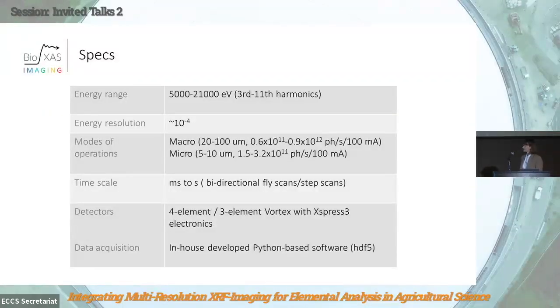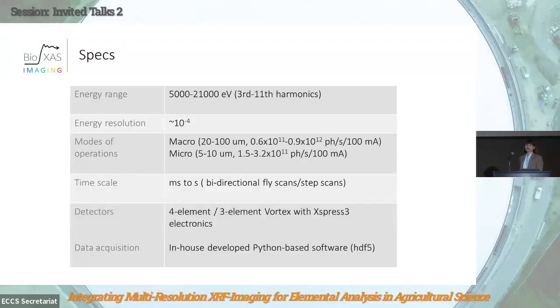The energy range of operation is 5,000 to 20,000 eV, and the current mode of operation is macro mode with beam size available between 20 to 100 micron, with flux reaching 10 to the 12 at the bigger beam sizes.